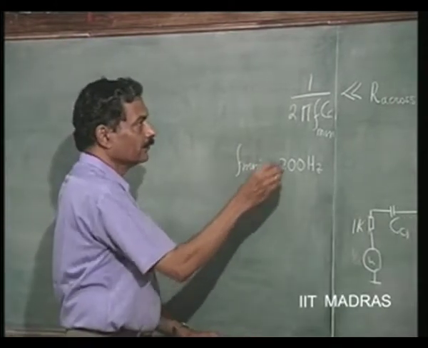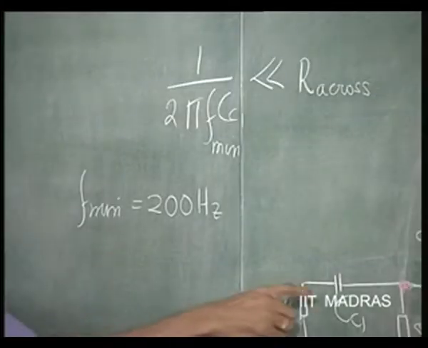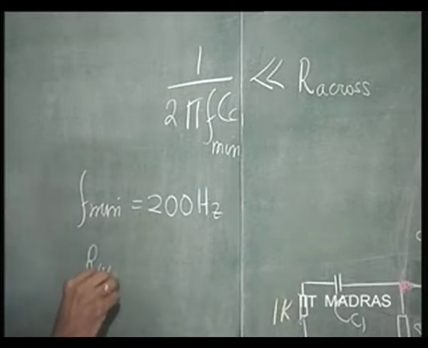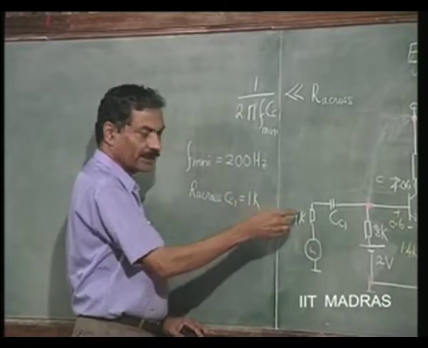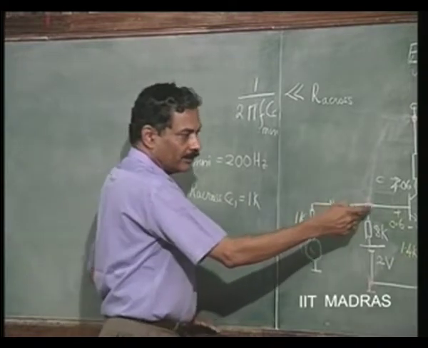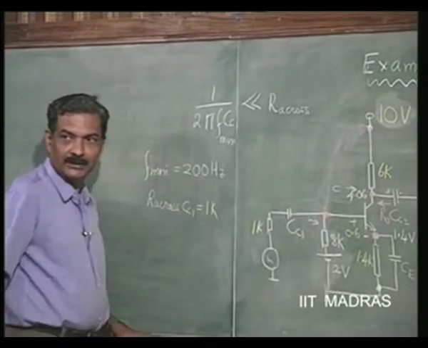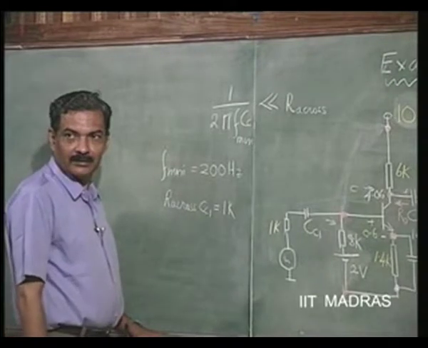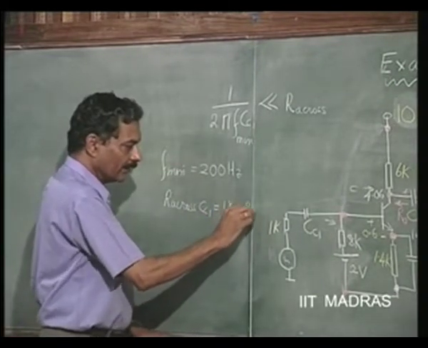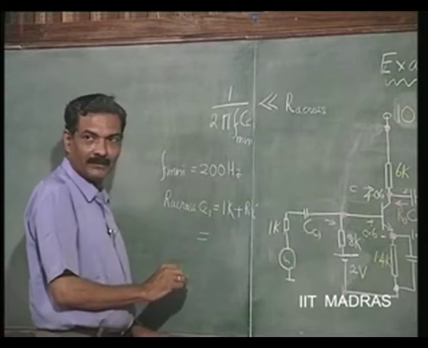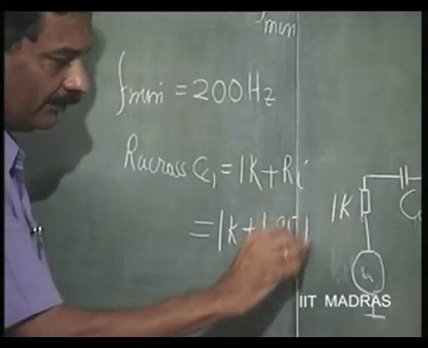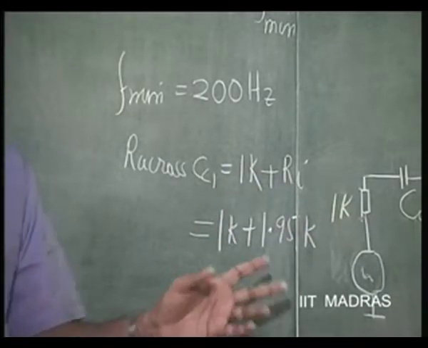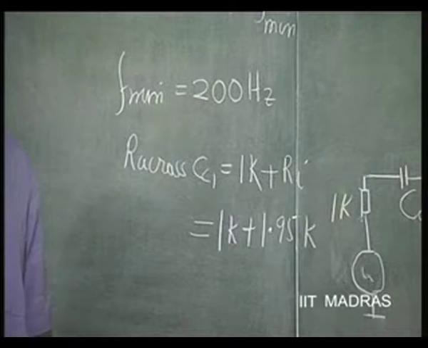Then R across CC1 equals 1K, we can see this 1K, then nothing but the input resistance, right. So, 1 k plus R I, which we have already evaluated as 1 k plus 1.95 k. This we had already evaluated, correct?